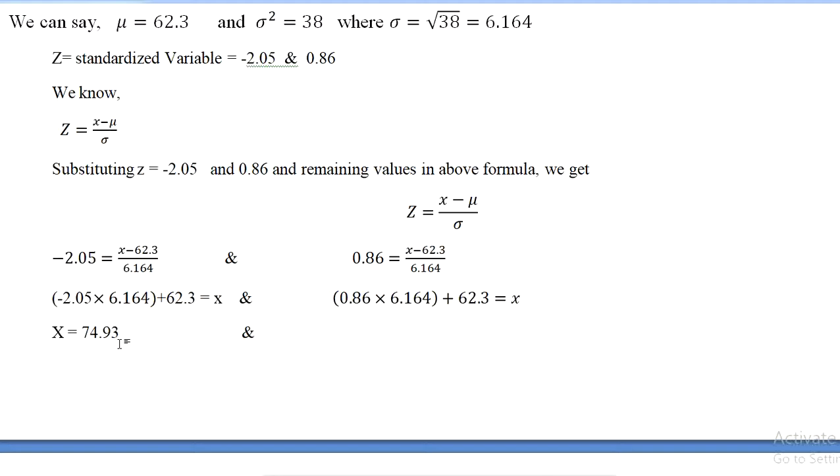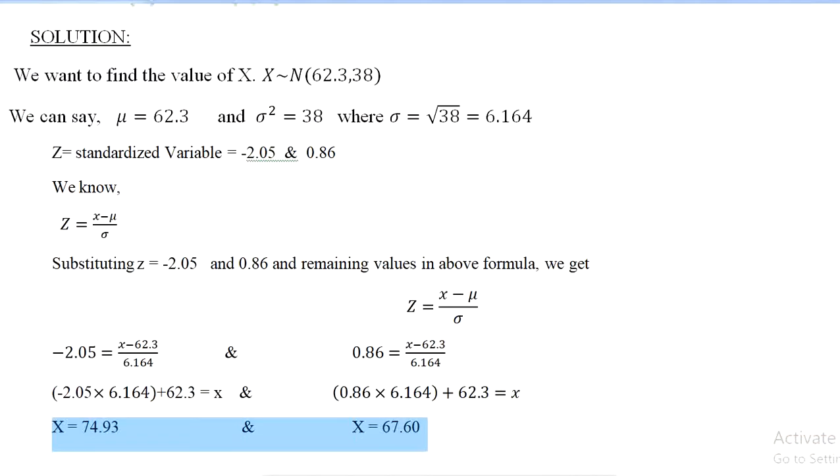And the second value of x is 0.86 into 6.164 plus 62.3, that is 67.60. So these are the two values of x.